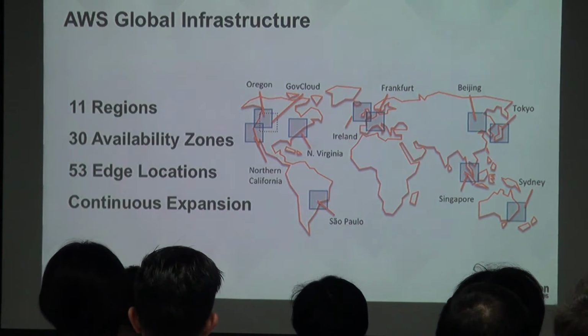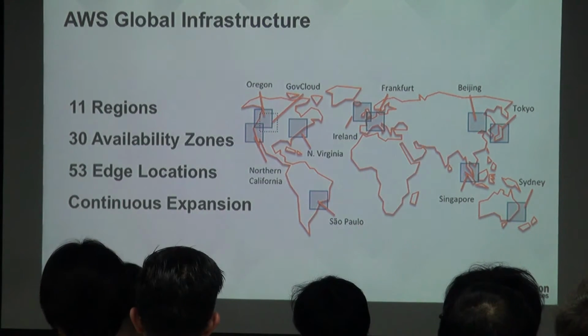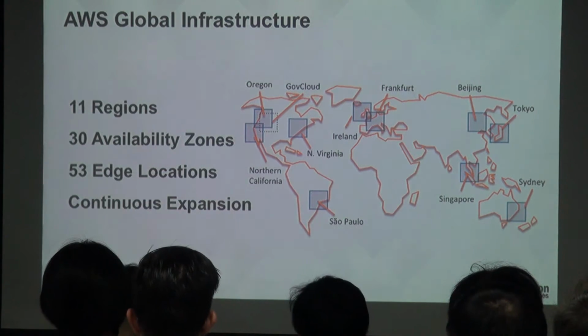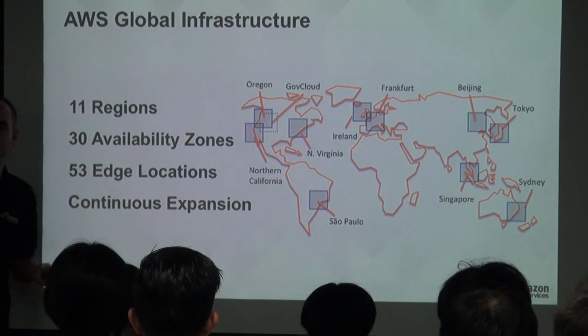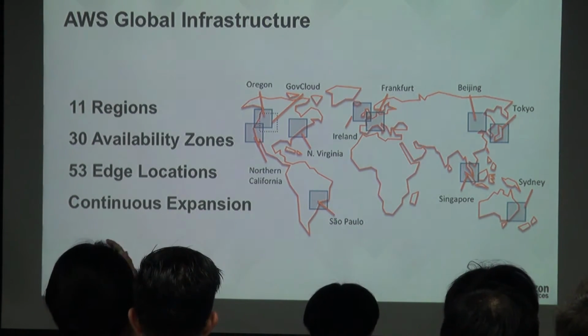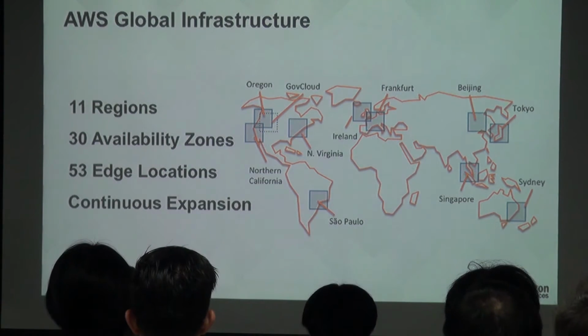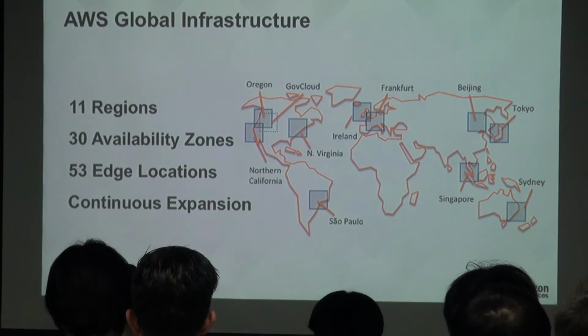Now those clusters of data centers are connected to different power grids, different electricity grids, different network connectivity, different tier 1 transit providers. What we try to do is basically eliminate single points of failure. So if you run an application or service on us across multiple availability zones, you are highly available to a point where an entire data center could go down and your application remains available.